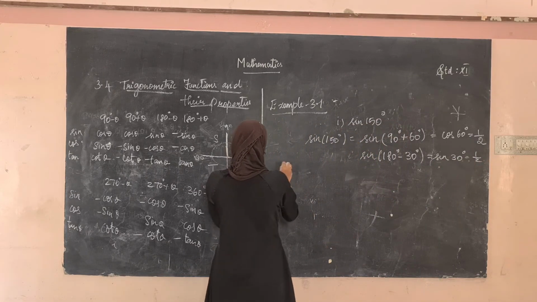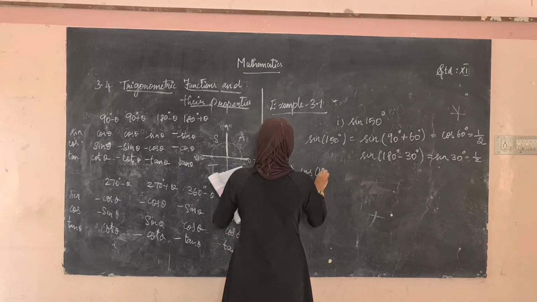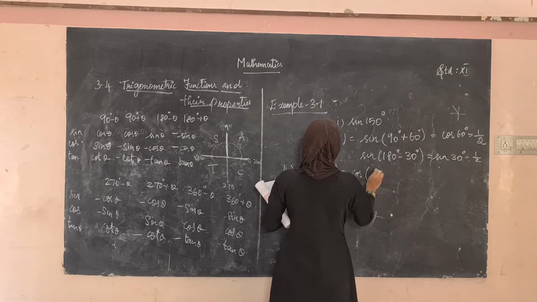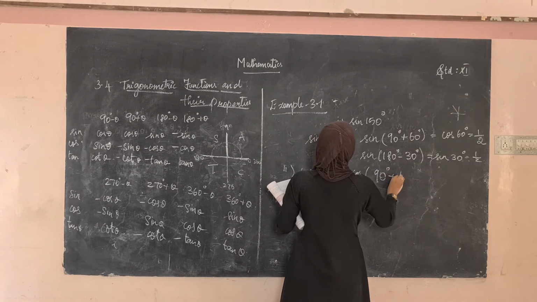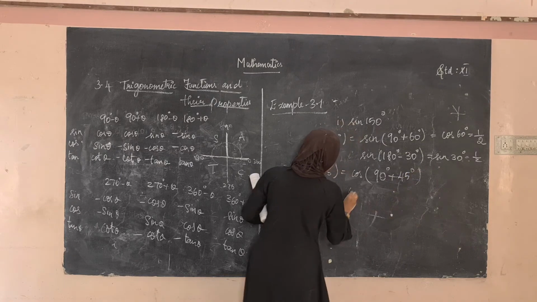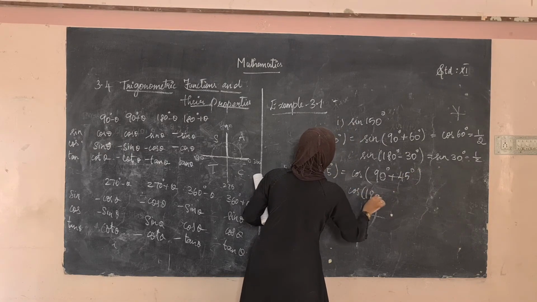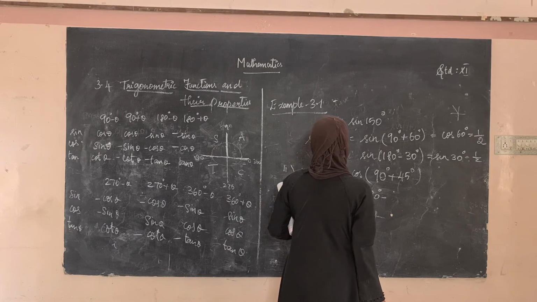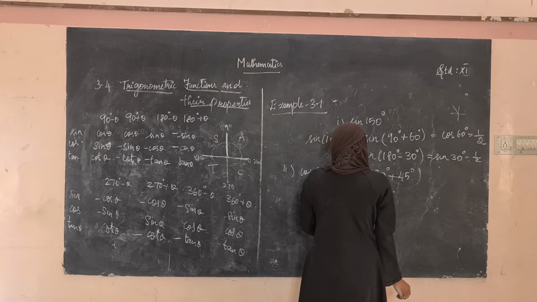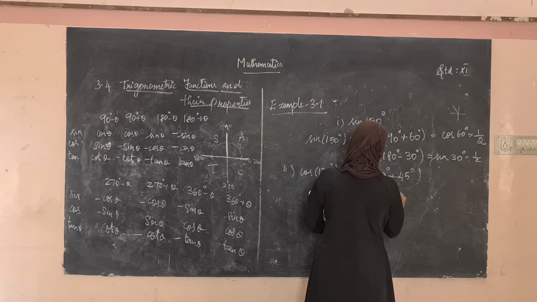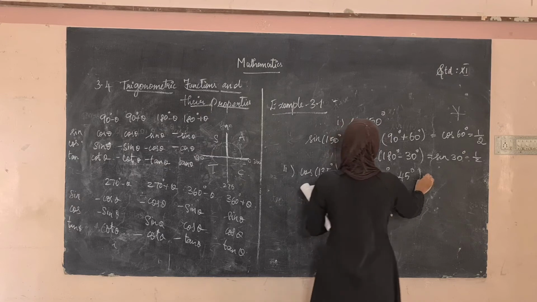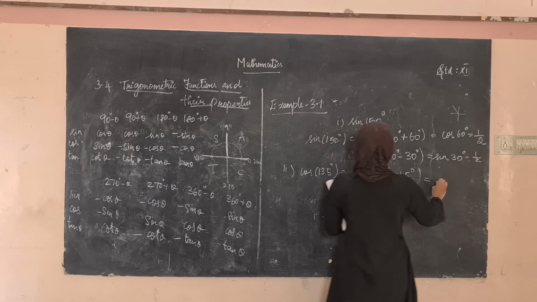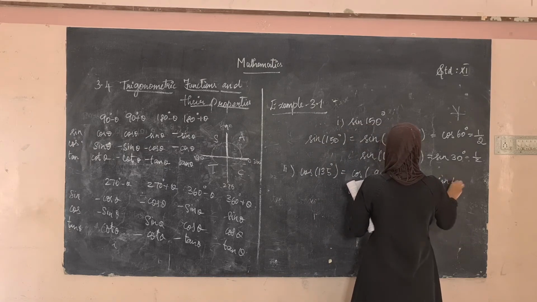And see the second subdivision, cos of 135 degree. This can be written as cos of 90 degree plus 45 degree, otherwise cos of 180 degree minus 45 degree. So how does this change? Here we have 90, and with 90 it changes to sin, therefore sin 45 degree.